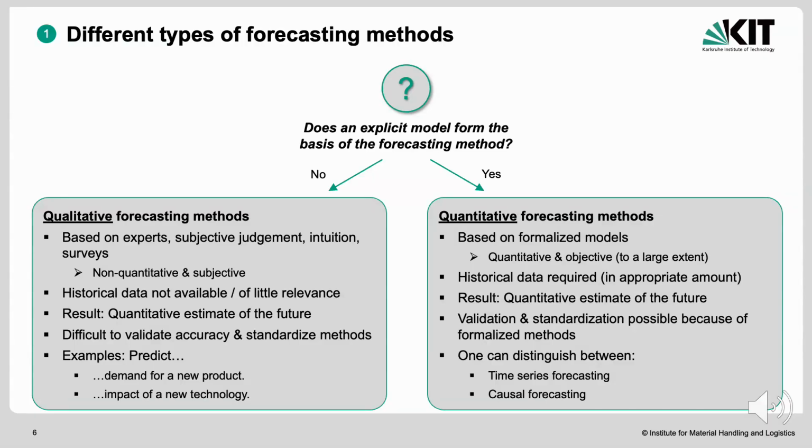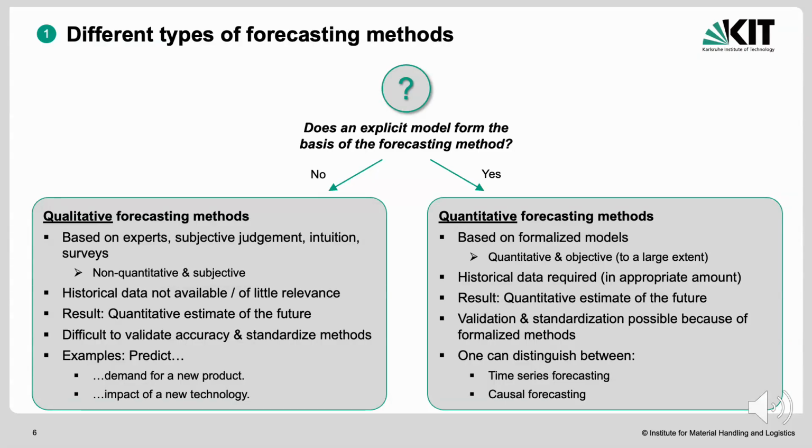We have 2 different models for how we can do forecasting. One is time series forecasting, where we look at the past time series, the past run of data, and we assume that whatever has been captured there in this time series will continue in the future.